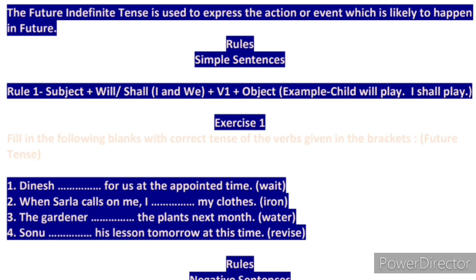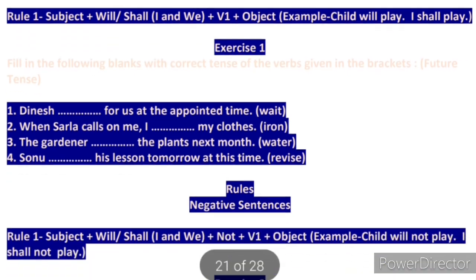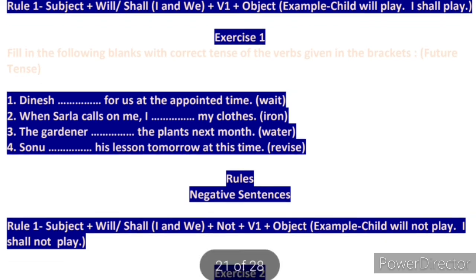So remember, with I and we we are supposed to use shall in all the 4 types of future tenses. Here are some examples. Dinesh wait, the answer will be Dinesh will wait. Next, when Sharla calls on me, I iron, the answer will be I shall iron my cloth.